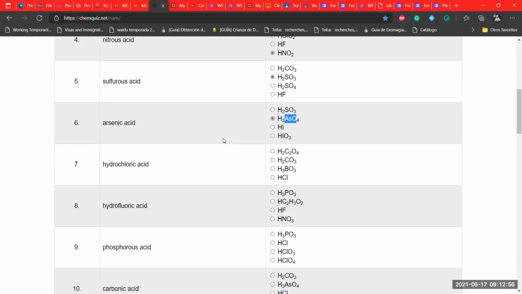The next student that appears in my picture is Kimberly. Kimberly, which one would you choose for hydrochloric acid? HCl. HCl, okay? Remember, hydro means no oxygen. And the only option that does not have oxygen is the last one, okay?